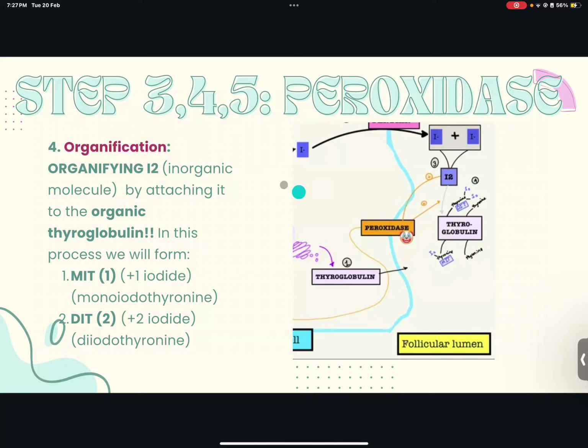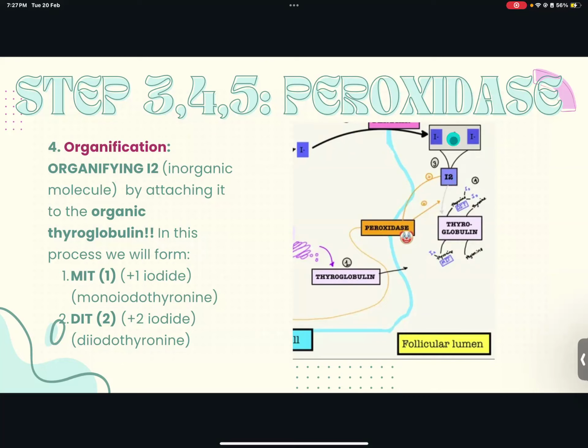So what peroxidase does, number 1, is oxidize iodide into iodine by removing 1 electron, and dual oxidase contributes by making hydrogen peroxide, which acts as the electron acceptor.